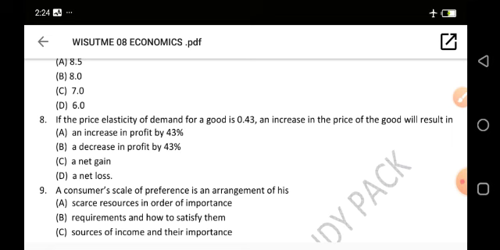So if after calculating you have 0.43 as your price elasticity of demand, that's less than 1, and the coefficient shows that the commodity in question is inelastic. The commodity in question is inelastic.